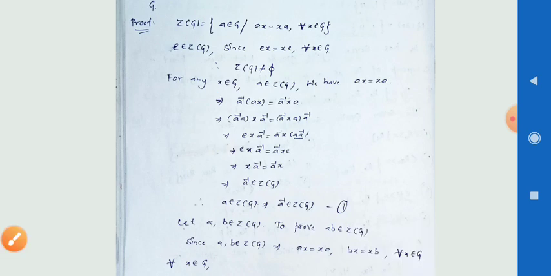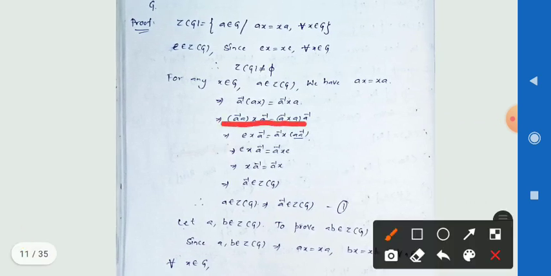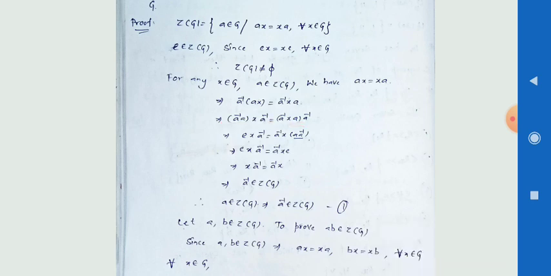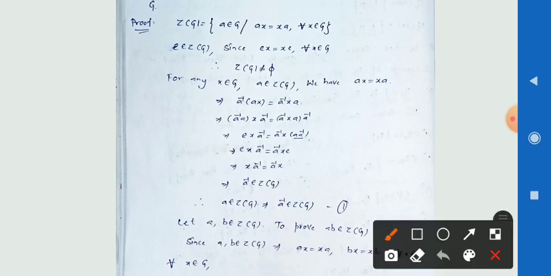On multiplying we get this condition: A inverse into A into X into A inverse is equal to A inverse into XA into A inverse.